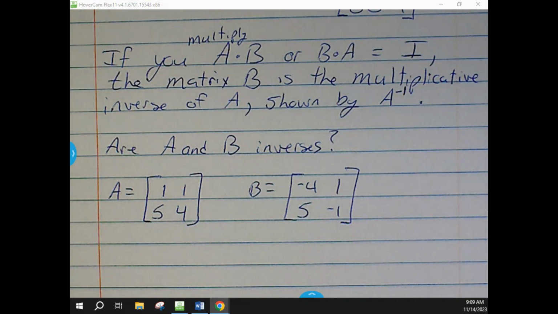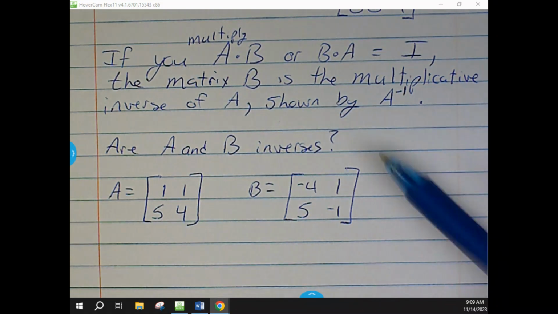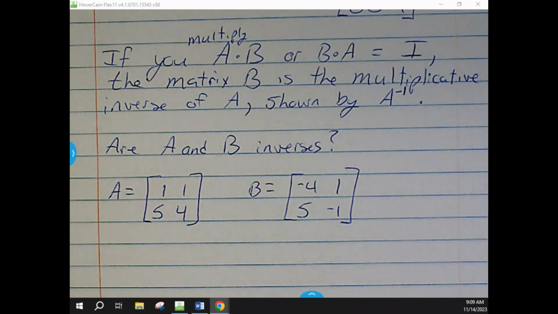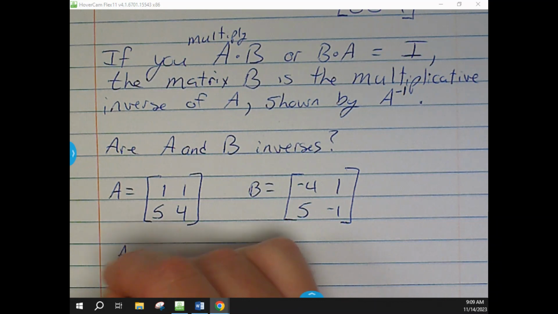If we do A times B or B times A, it doesn't matter. As long as we get back the matrix 1001, then they're inverses. That's what we're going to check.